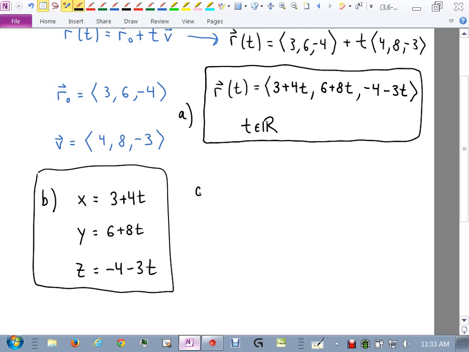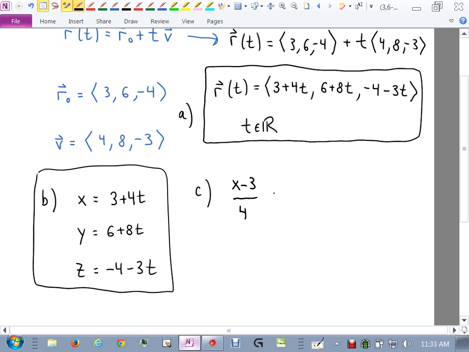Part C, find the symmetric equations of the line. So how do you find the symmetric equation? Solve each of these for t, and then set them equal to each other. So I would subtract 3 and divide by 4. My first one is x minus 3 over 4.